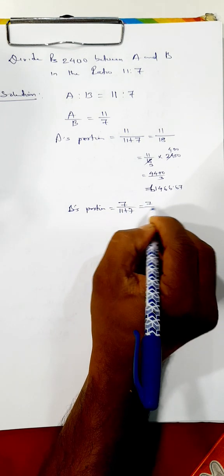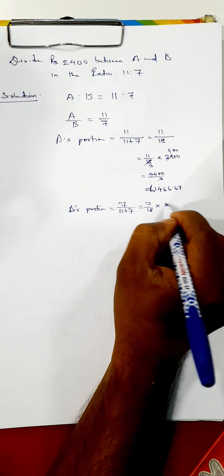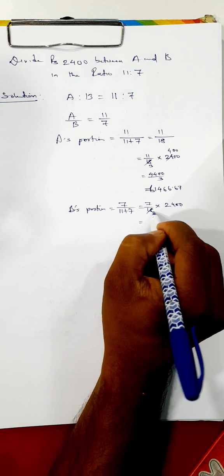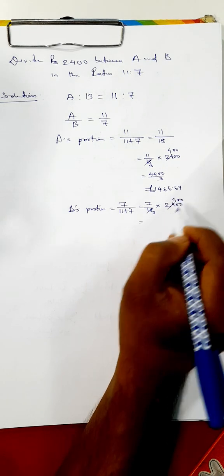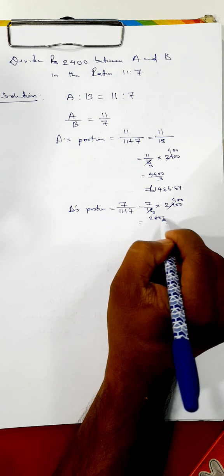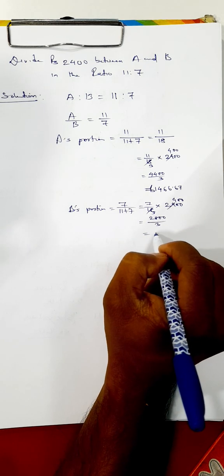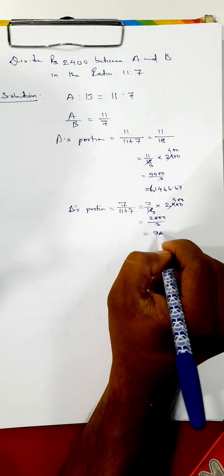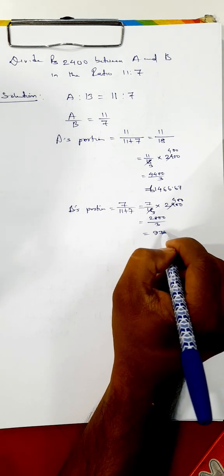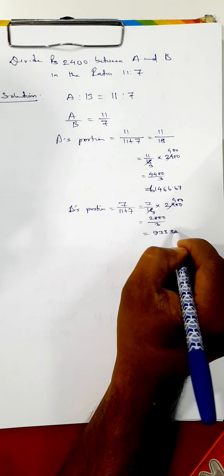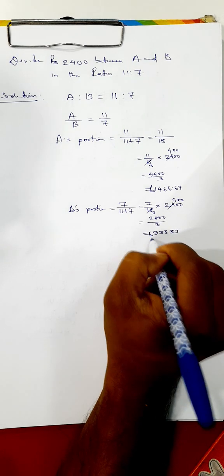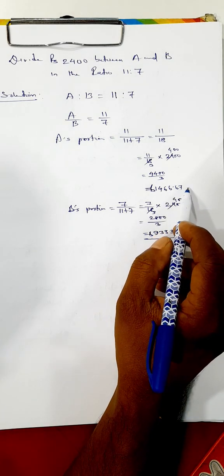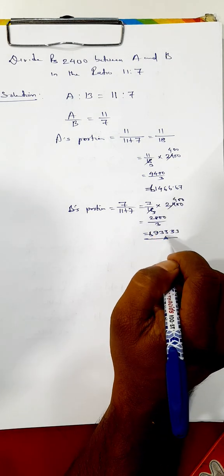That means 7 by 18 into 2400. 6 3s are 18, 6 4s are 24, so 2800 divided by 3. This is approximate. So A's portion is 1466.67, B's portion is 933.33.